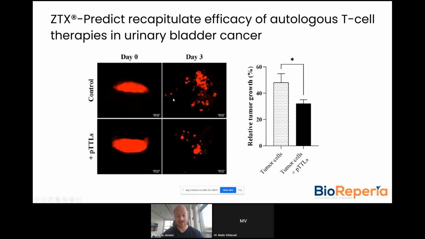So this was indeed a patient that donated both these T cells and tumor tissues to us for this study. No expansion of the tumor cells had been done. The PTTLs were of course expanded when they were activated with the tumor neoantigens.